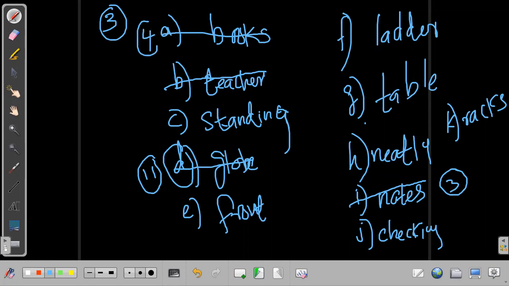So the answer for number 4 is A. That's what it means, right? Right. There are books on the right. Okay. Let's skip that. We're not quite sure yet.